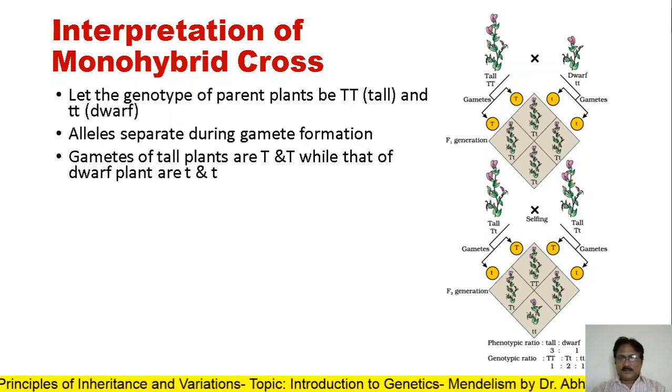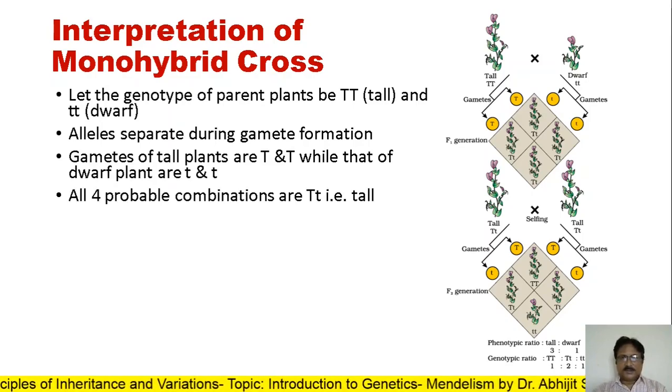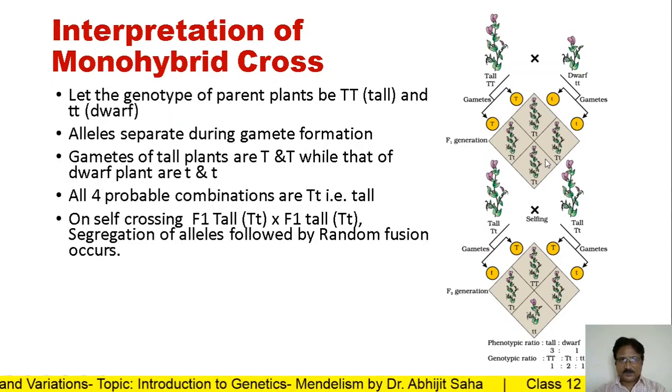So after this, what happens? Along this axis, capital T, and along this axis, you can find small t. Now the question is their probable combinations. This is a Punnett square. What are the probable combinations? Capital T may fuse with small t and form capital T small t.